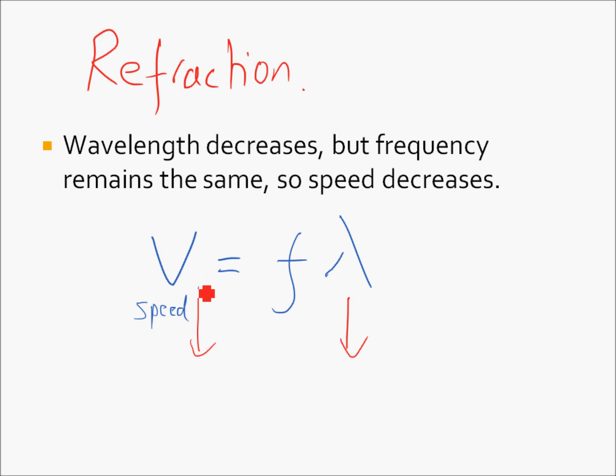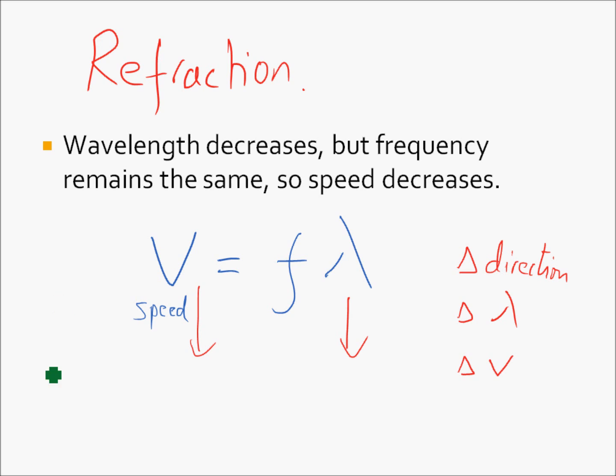Or it could be the other way, that the speed has decreased and that causes the wavelength to decrease. So we've got our change in direction, we've got a change in wavelength, and we've got a change in speed.